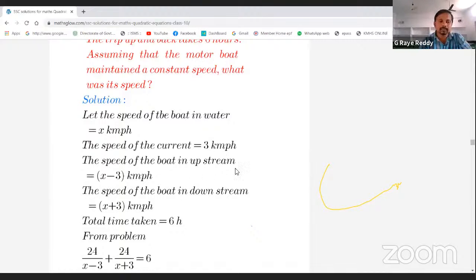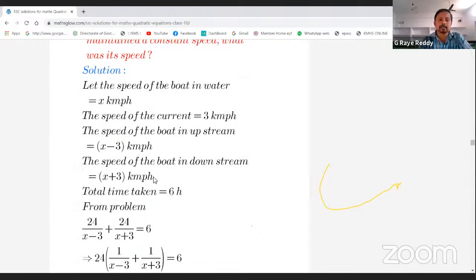The speed of the boat in upstream: I told you that in upstream the speed is reduced. The boat speed is x and stream speed is 3, so we have to subtract. In upstream, the boat goes at low speed in the water, so we subtract: x minus 3 kilometers per hour is the speed of the boat in upstream.